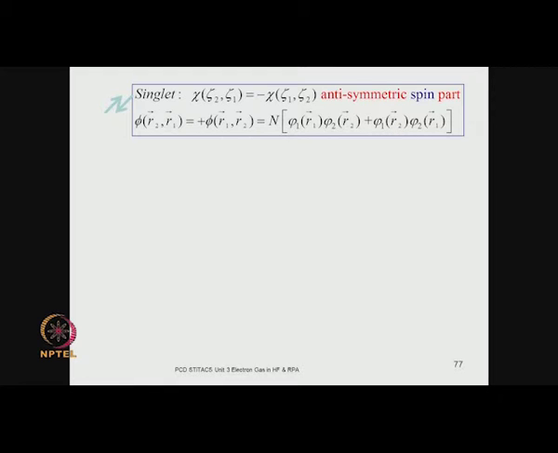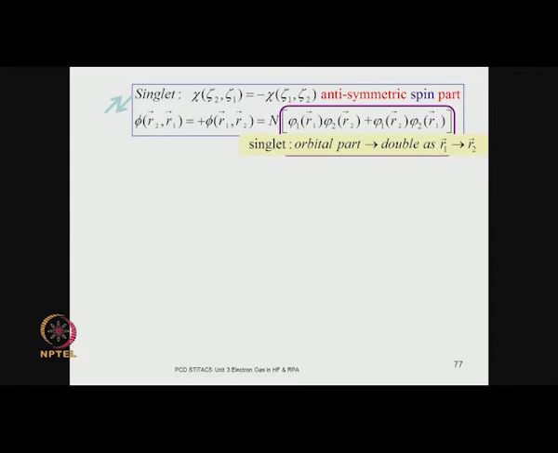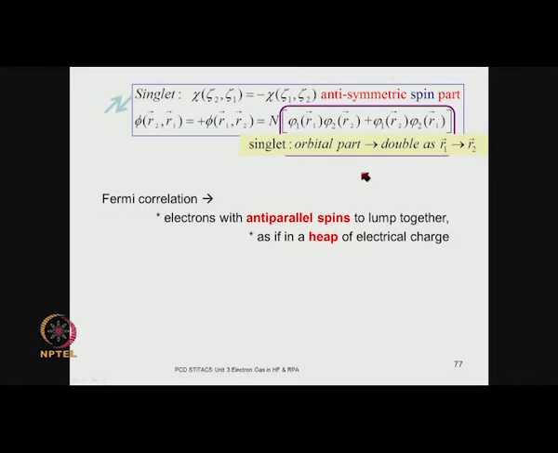Okay, so this is the singlet state, and as you can see from this, as R1 tends to R2, as these two arguments get close to each other, the first term and the second term would add and double each other, right. So you will have a doubling of that wave density, and you will be stacking the charges together.